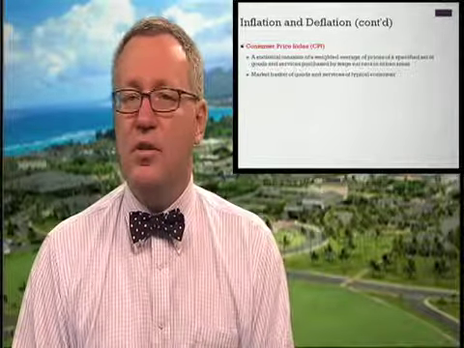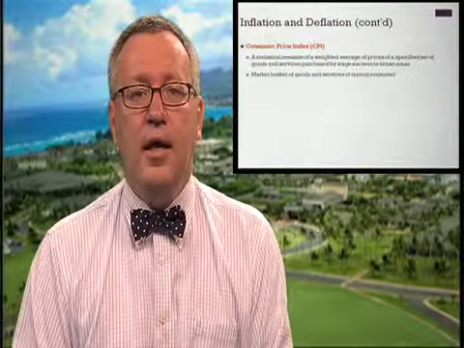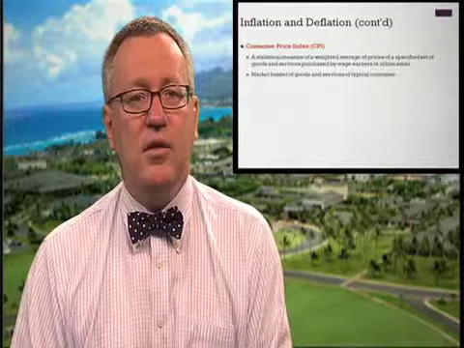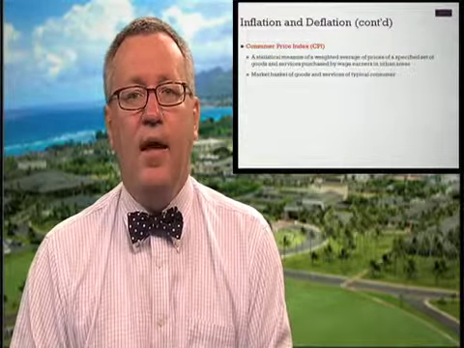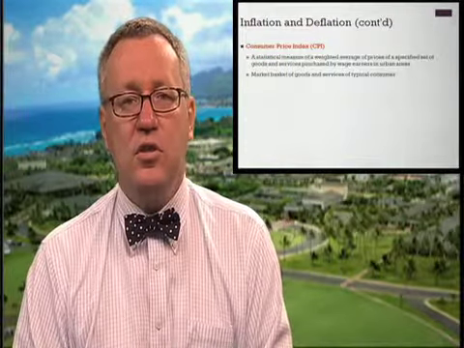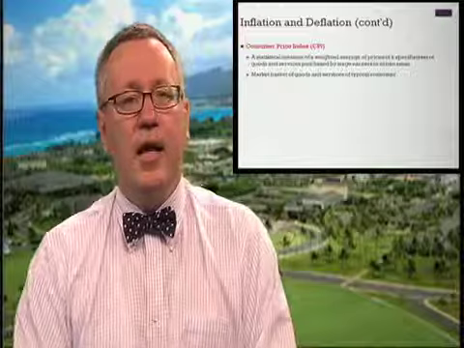So we focused on those who didn't have any of those things, and we assumed that they were really urban dwellers. And so the Consumer Price Index is just a statistical measure of the weighted average of prices of a specified set of goods and services, this is our market basket, purchased by wage earners in urban areas.